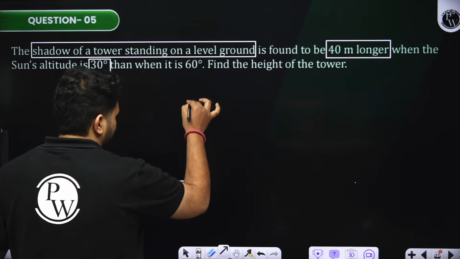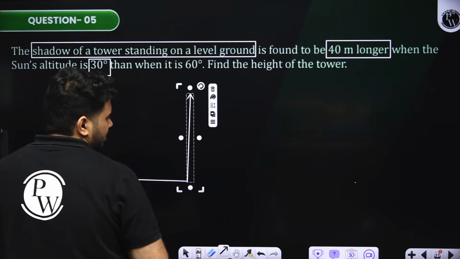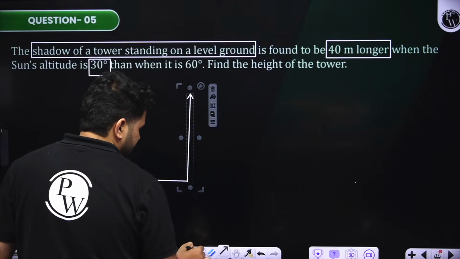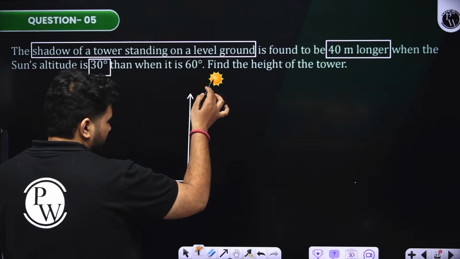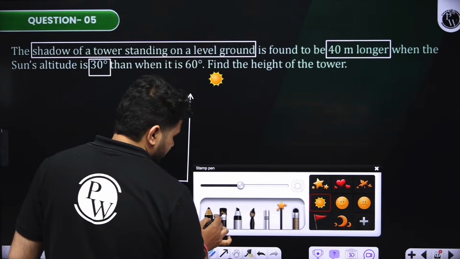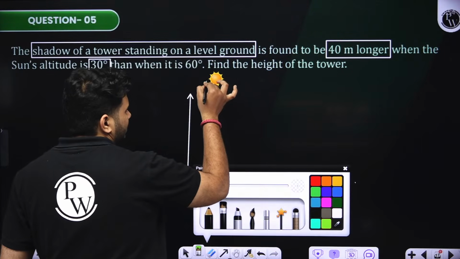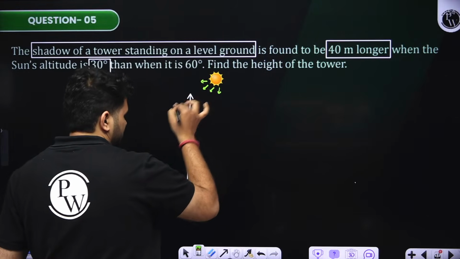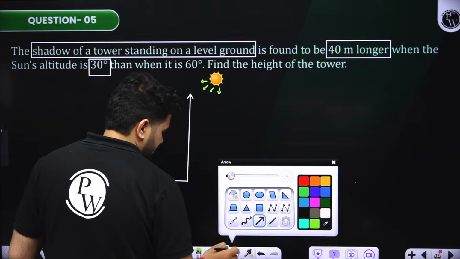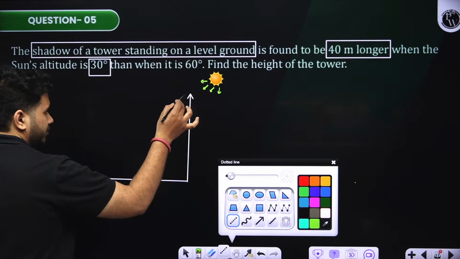So this is the height of the tower, this is a tower, and there is a sun over here. When the light comes like this, where will the shadow fall, students? Shadow will fall over here, correct or no? Somewhere it will fall over here.